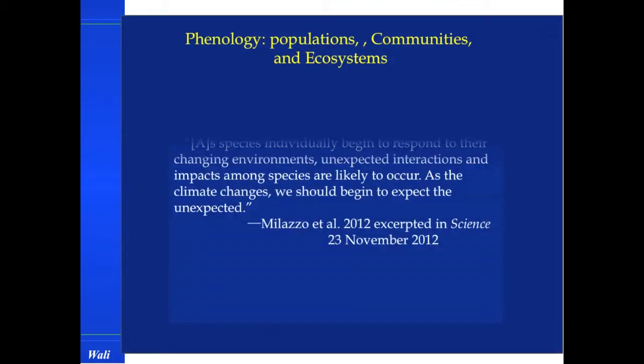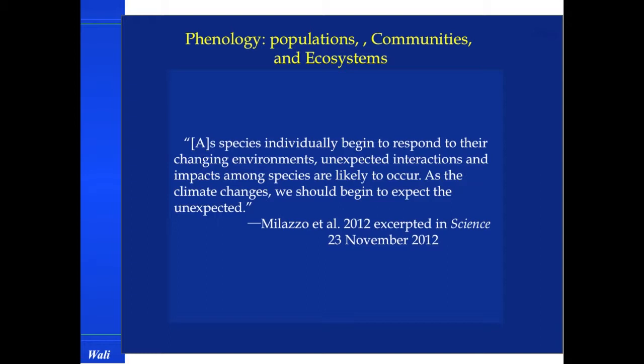Okay, so this phenology thing, this change of timing because of high temperatures, is going to affect populations and communities and ecosystems. And there's going to be a paper coming out very soon. Right now, it is in the process of printing in the Journal of Animal Ecology, published by the British Ecological Society, by Melazzo et al. It was accepted in the latest issue of Science last Friday.